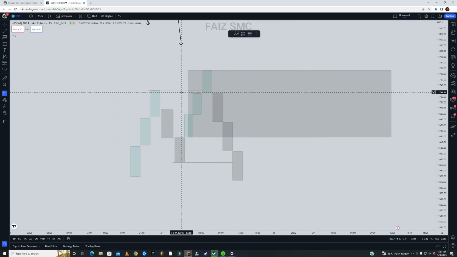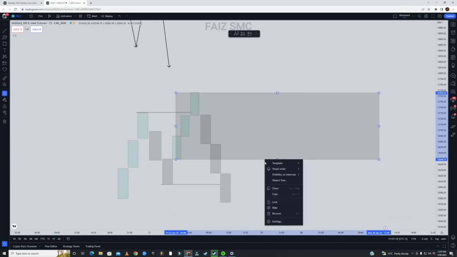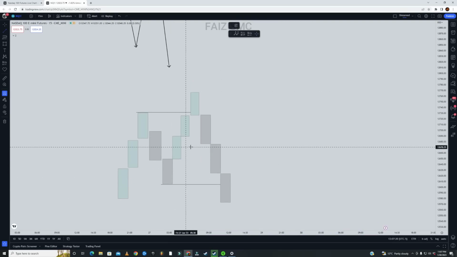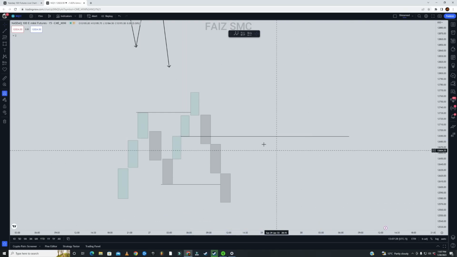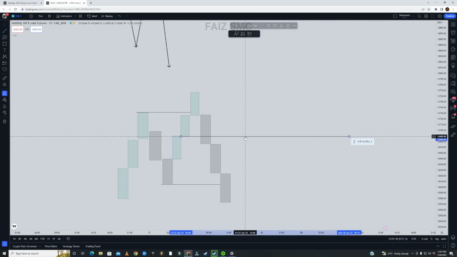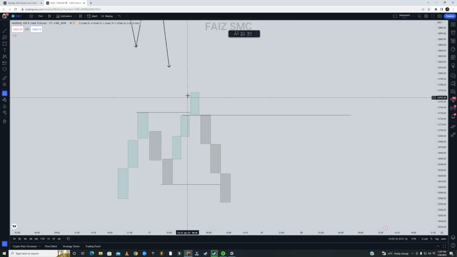Now there are ways to refine this order block, and let me show you how. Instead of taking your entry from the very first candle of the order block, you can take your entry from the second candle. Or if you want to refine it more, you can take your entry from the last candle.